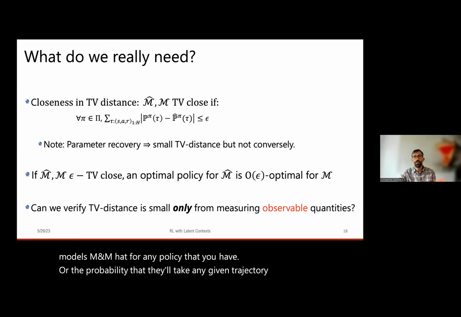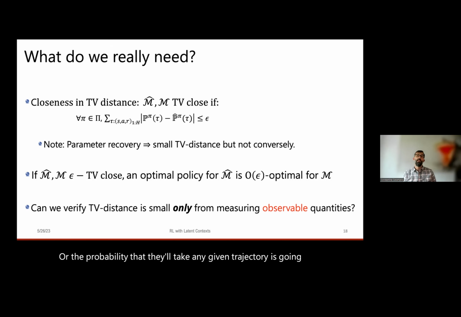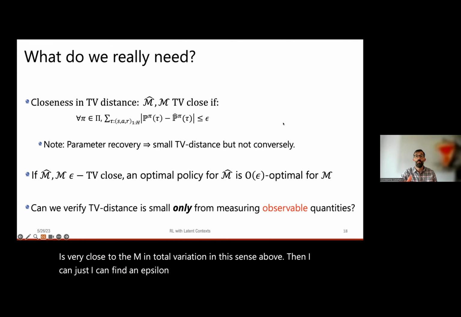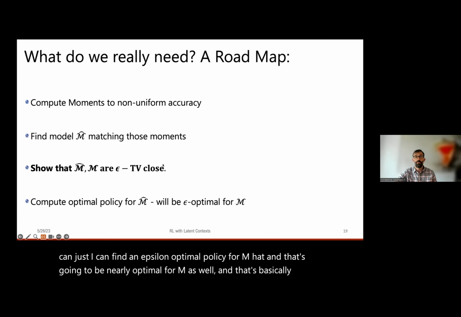And that's all we need, because if M is the true model, and you give me an M hat model, even if the parameters are very far from the true ones, if M hat is very close to M in total variation in the sense above, then I can find an epsilon optimal policy for M hat, and that's going to be nearly optimal for M as well. And that's basically the name of the game.